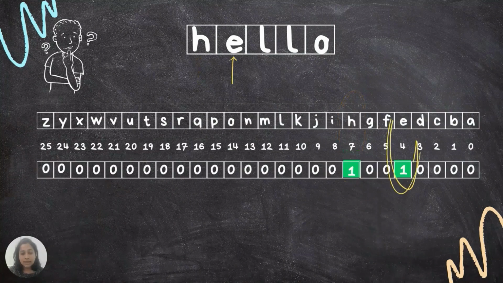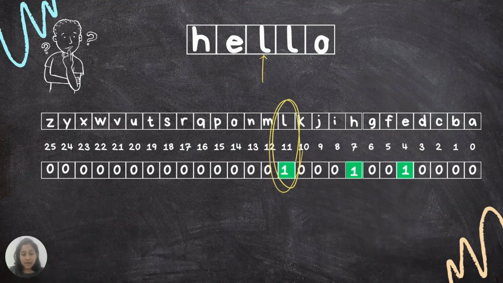Now the next character is E. Set the bit for E. Then the next character will be L. Similarly, for this also I have set the bit. So setting the bit is helping us to keep a tab on the characters which are occurring. Now the next letter is L. See, L is already set. That means that L has occurred before.